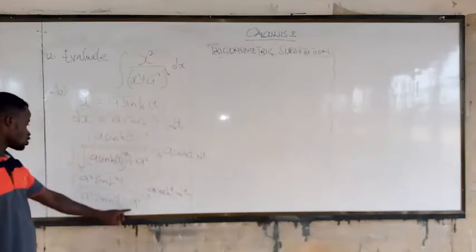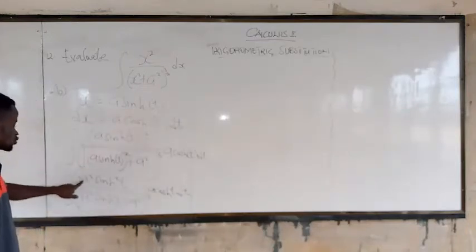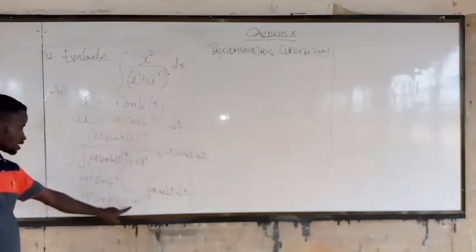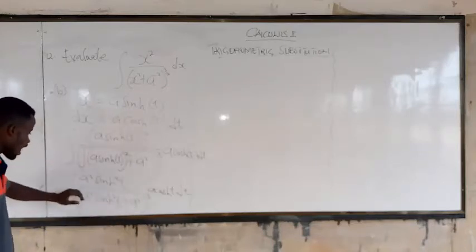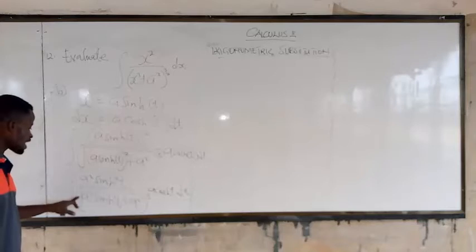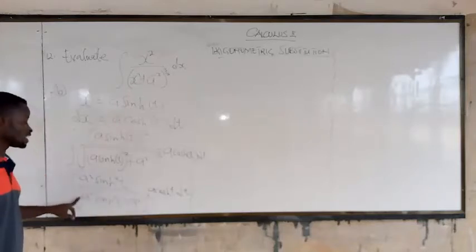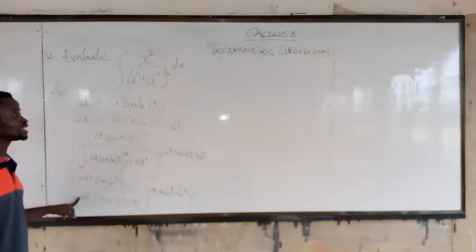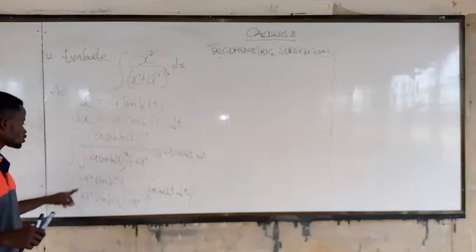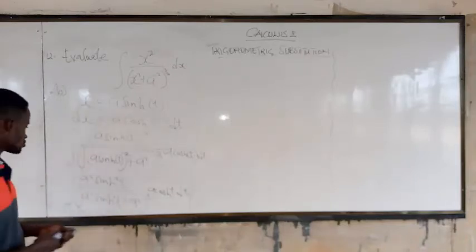Now here, note that this will multiply this, so you get a raised to the power 3. And a squared, when you factor out and take the square root, you get a. But the a will still be inside of the bracket, so the power 3 will affect it. It's the same as what happened in the trig substitution. So you get a to the power 3 on top and a to the power 3 at the bottom, so that will cancel off.